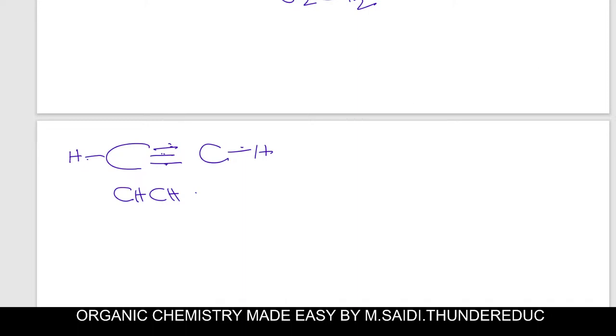Because if you don't know these prefixes and the suffixes, then you end up not being able to write the exact number of atoms. So remember that a prefix will show the type and the position of the substituent. And then a suffix will show the functional group or the homologous series that the compound belongs to.